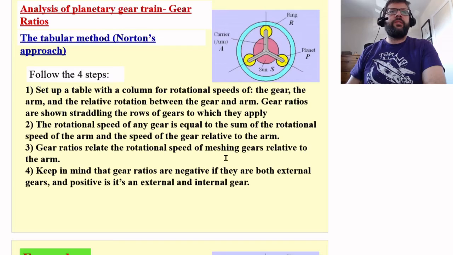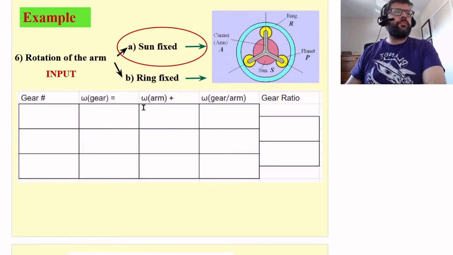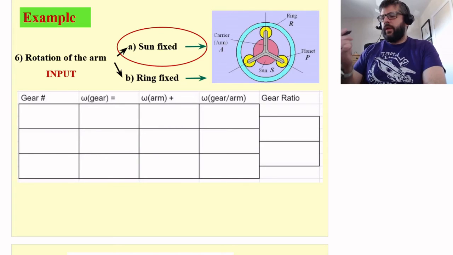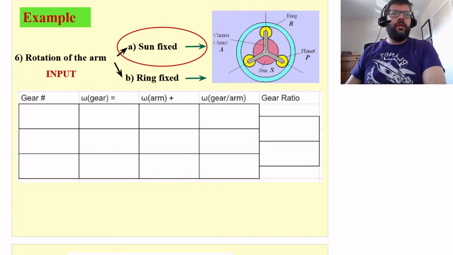Let's see an example. If we were to have the sun fixed, let's call that S. The sun's connected to the planets, and then we've got the ring.